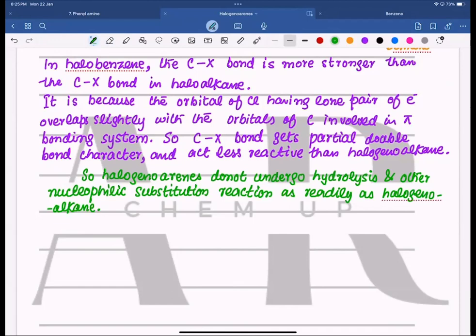The nucleophilic substitution of alkyl halide or halogenoalkane we have studied in AS, where chlorine is substituted by hydroxide, or ammonia to form amine, or CN to form nitrile. Okay, till here, is this clear to all of you?